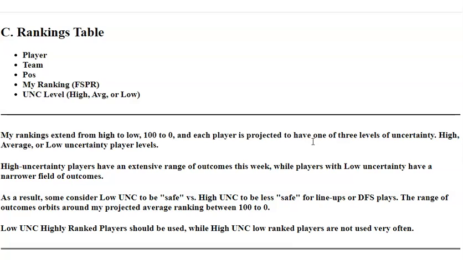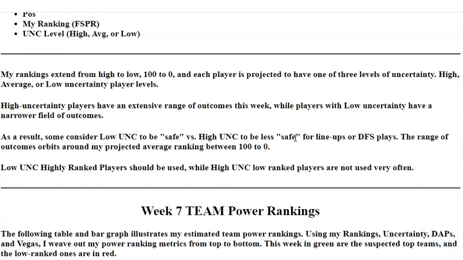So high ranked, low uncertainty is better than high ranked, high uncertainty. If you do have an exact choice tied, I would try to go with the lower uncertainty player. But that doesn't happen a lot. It's pretty clear who you need to play and not most of the time. But anyway, it gives me an idea to look.